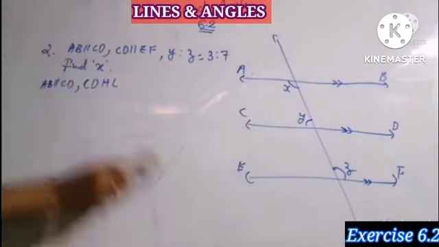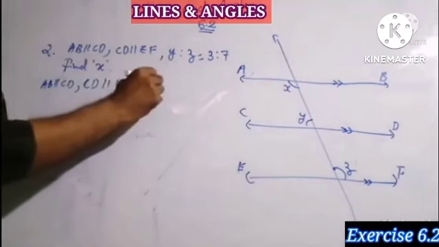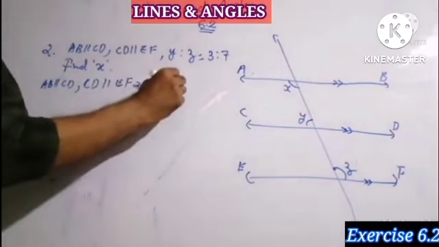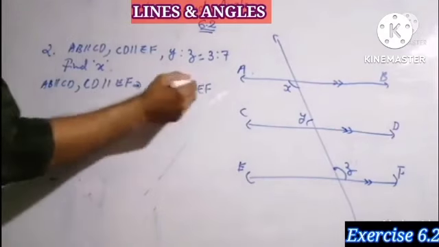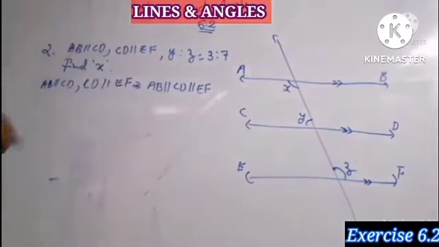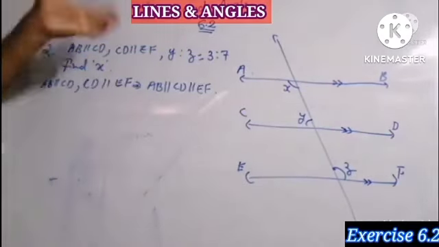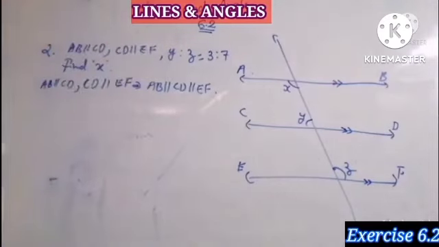AB parallel CD parallel EF, or AB parallel EF. So because lines parallel to the same line are parallel to each other.